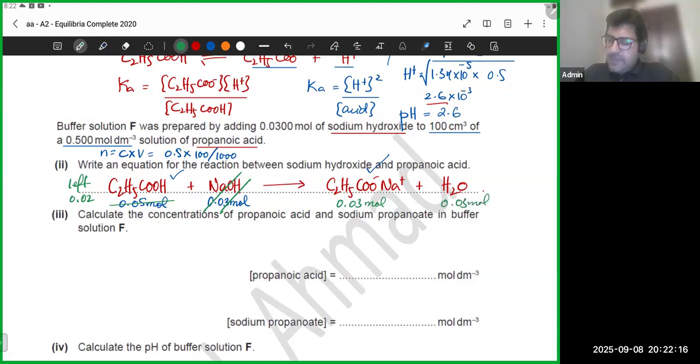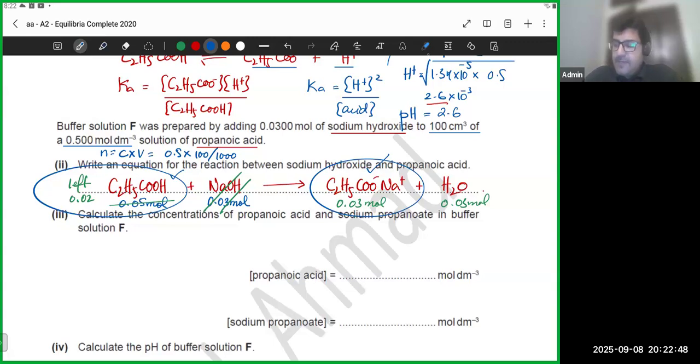Once again, what's happening is that 0.03 moles react with 0.03 moles. You're left with 0.02, and 0.03 react and produce 0.03 of this and 0.03 of this other thing. So now I have the moles of propanoic acid left after the reaction, and the moles of sodium propanoate produced during the reaction.